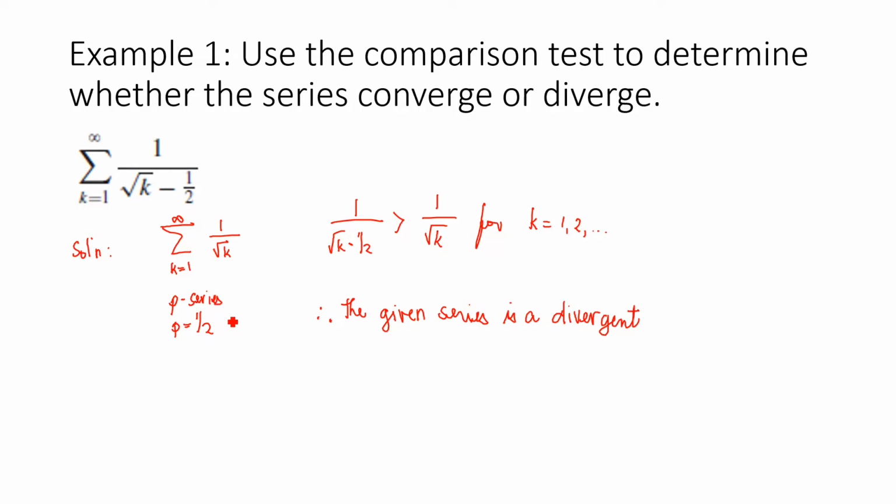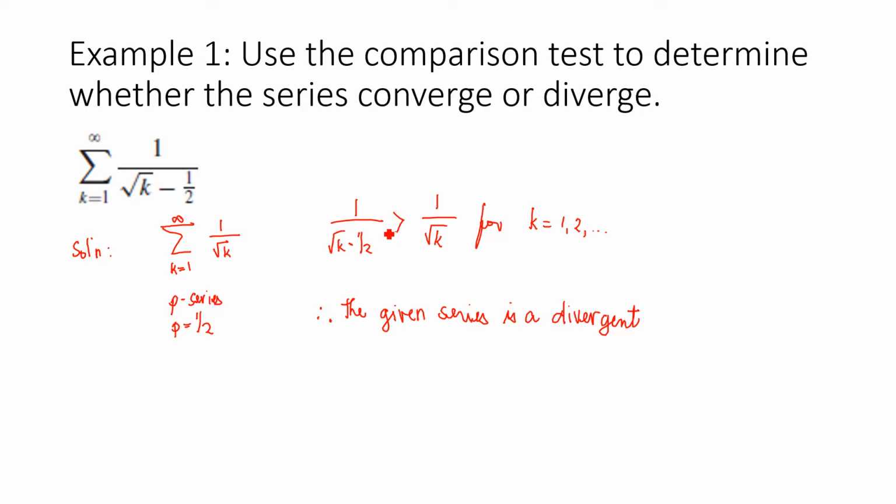Okay, so in other words, using the first principle, the theorem presented in the previous slide, if the given series is greater than another series that has similar behavior, it means they have a similar convergence.